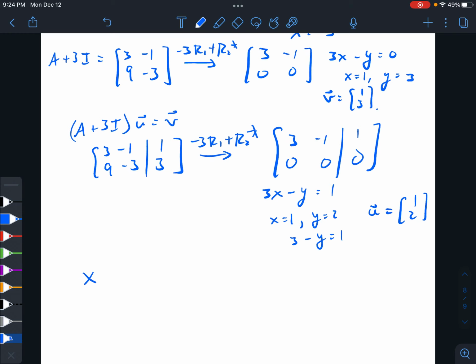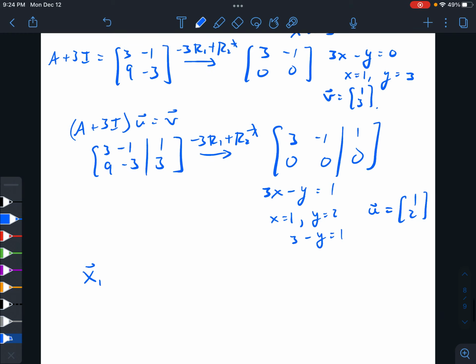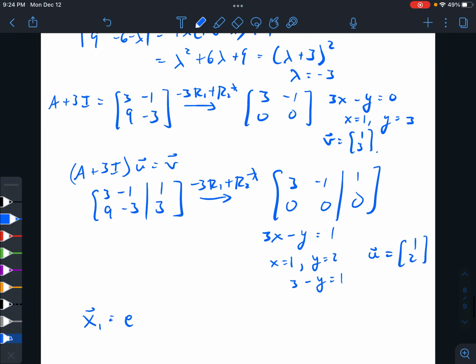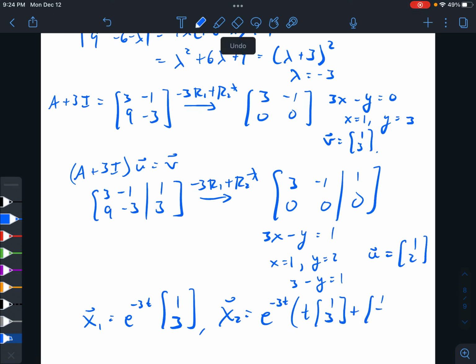Then our solution will be, okay, our x1 is e to the lambda t times our eigenvector. And our x2 is going to be e to the lambda t times t times that vector plus u.